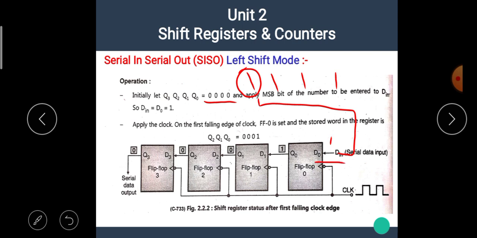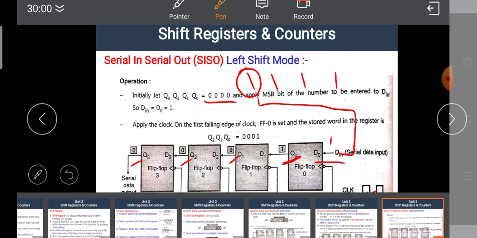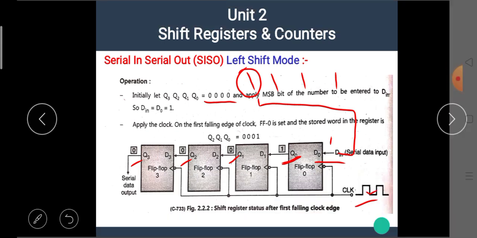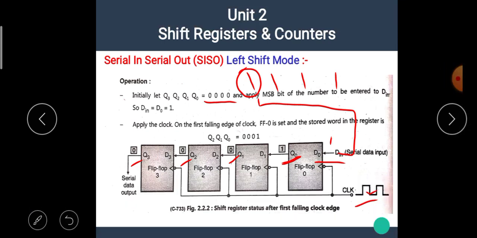Then after the negative edge of the clock, the flip flop 0 sets, hence Q0 becomes 1 while the others have the value 0 0 0. Then after application of the first clock, we get the data 0 0 0 1 in the shift register.